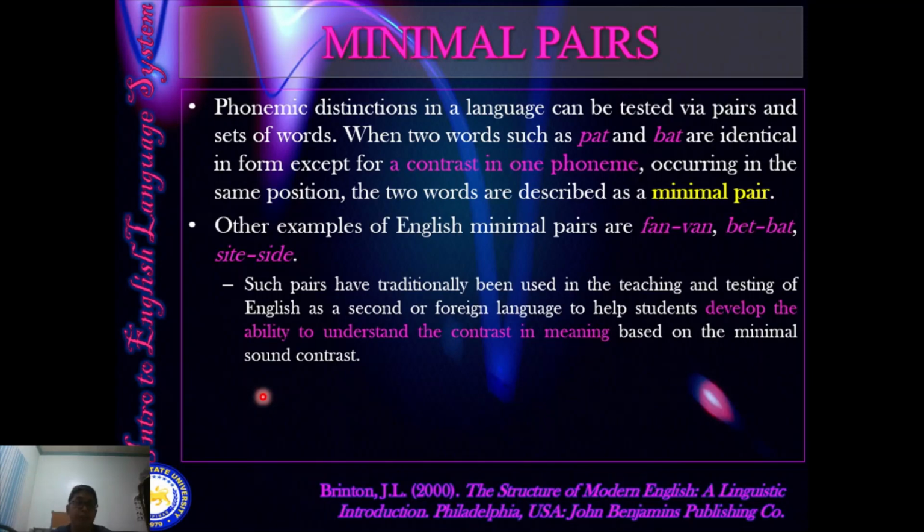Probably even in your Filipino class, you even had your minimal pairs. Now, other examples of English minimal pairs are fan, van, bet, bat, sight, and side. Now, such pairs, class, have traditionally been used in the teaching and testing of English as a second or foreign language to help students develop the ability to understand the contrast in meaning based on the minimal sound contrast.